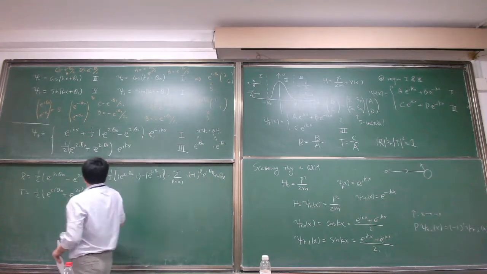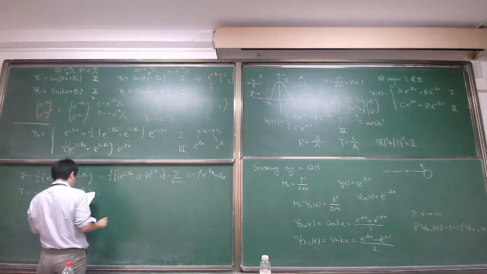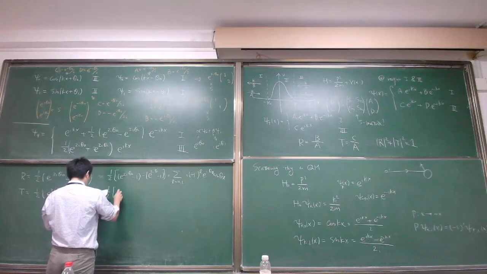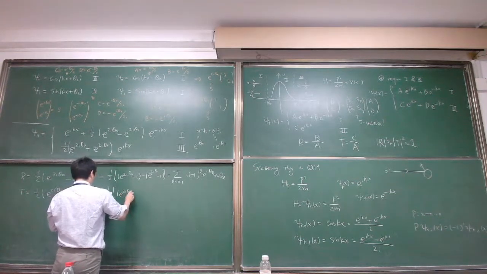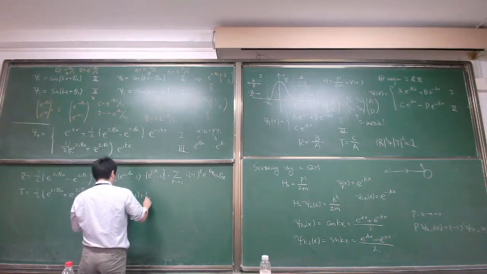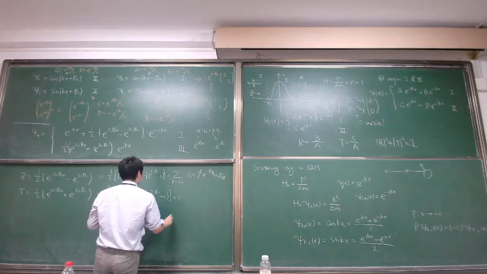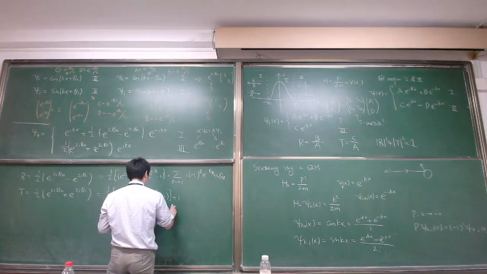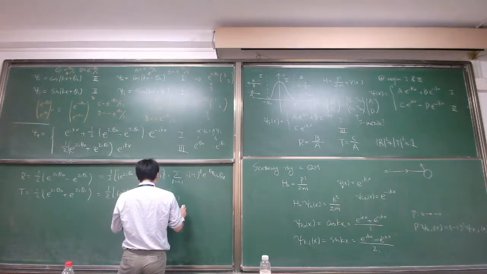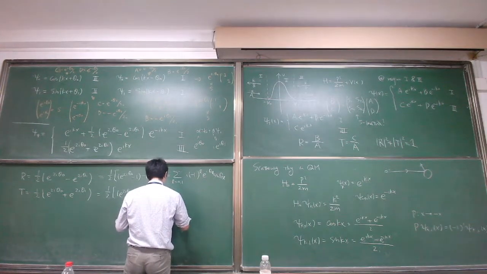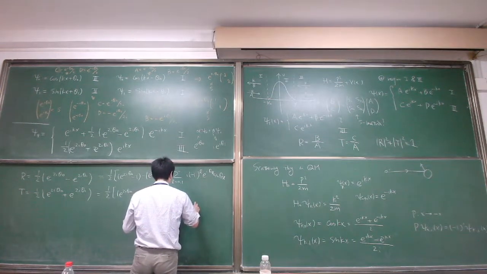Okay. And also here we can just write it this way, 1/2 e to the 2I theta naught minus 1 plus e to the 2I theta 1 minus 1 and plus 1, and this is equal to 1 plus sum over, I'm very sorry, l equal to 0, 1, I times e to the.